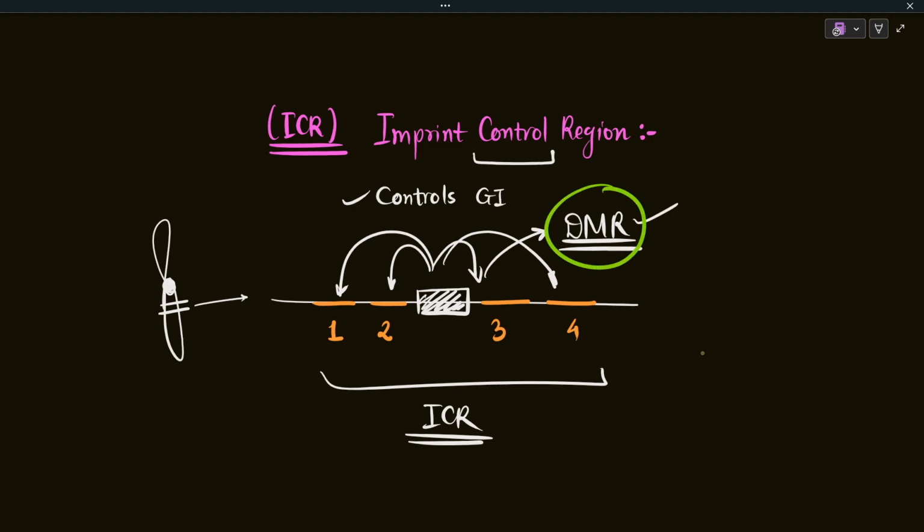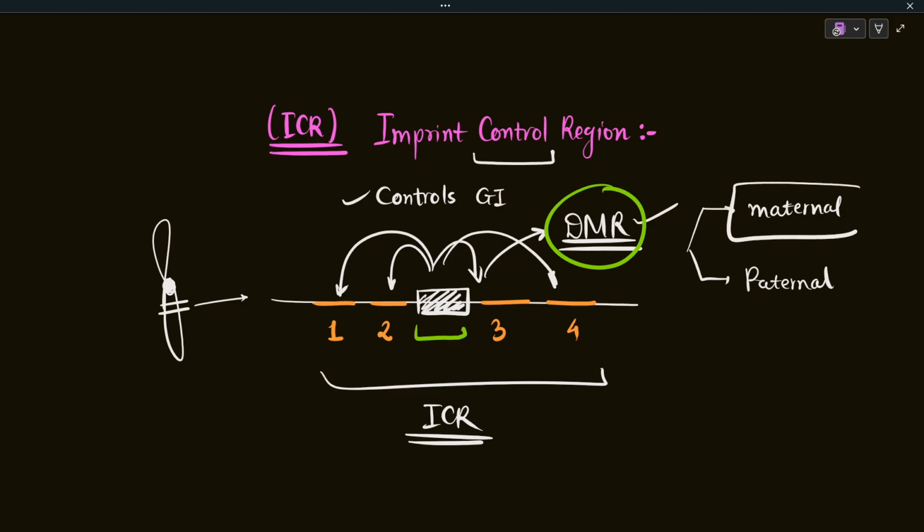A DMR is a differentially methylated region, which means that this particular region is differentially methylated in the two copies, the copy inherited from the mother or from the father. It will be methylated either in the maternal copy of the genome or in the paternal copy. Let's assume this region is only methylated in the maternal copy.